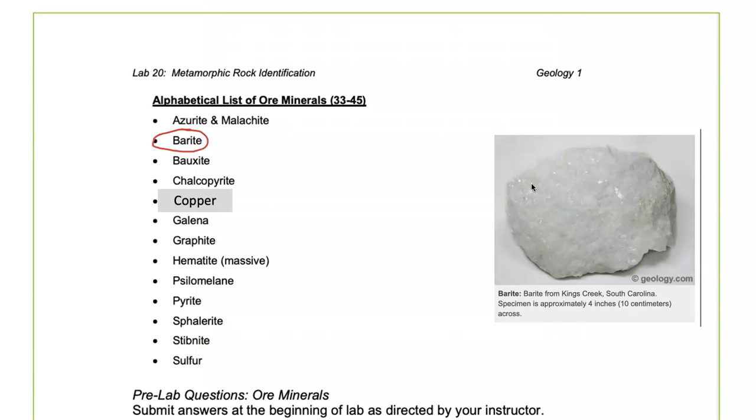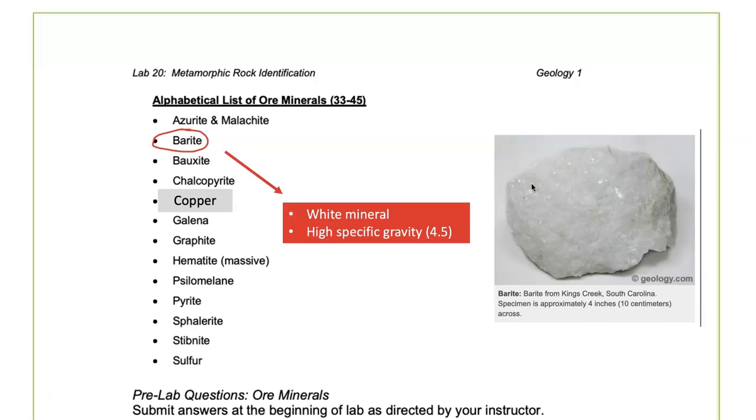The next mineral in the alphabetical list is barite. And barite is unusual among the ore minerals because it is white in color. Most of the ore minerals are dark colored or some sort of green or blue or red. And so not only is it white, but it also has a high specific gravity. Remember that specific gravity is the way that geologists describe the density of a mineral.